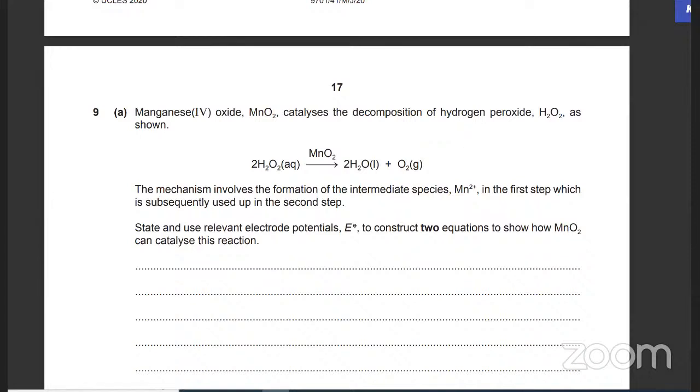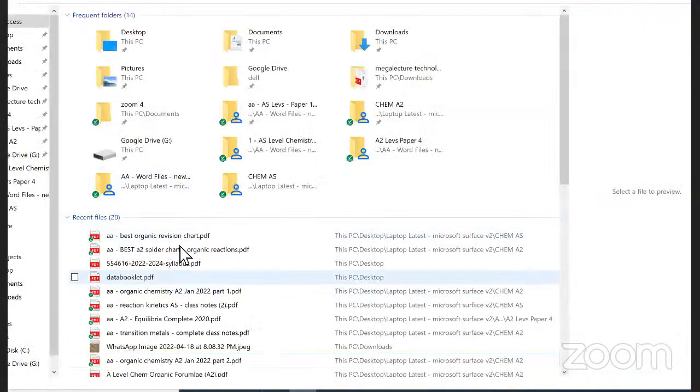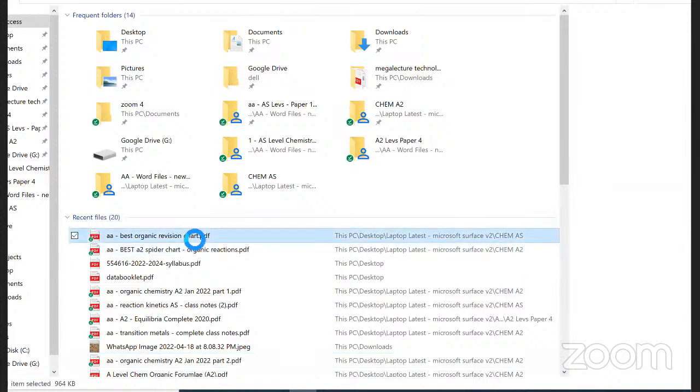Sir, one question: does phenyl ethanol react with bromine water? Phenyl? No, it won't. Not ethanol, because phenols react with... just a second.